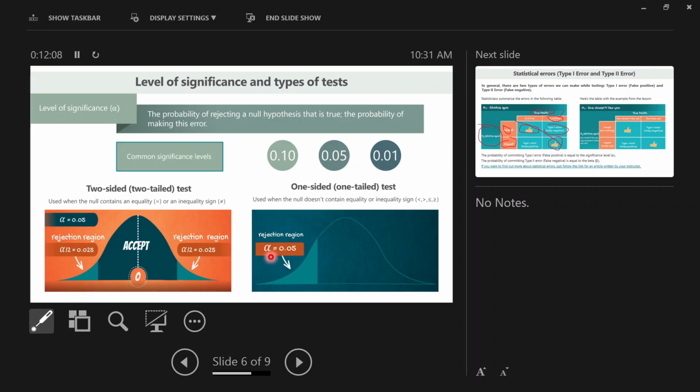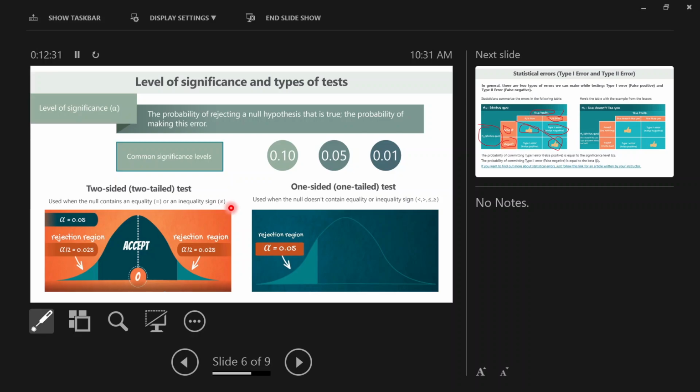So the most important is here. The two-sided test and the one-sided test. The two-sided, also known as the two-tailed test, is used when the null contains an equality, equal to sign, or an inequality sign, which is not equal to.